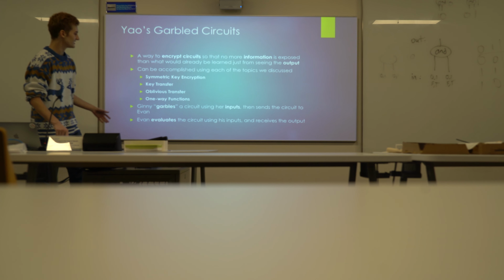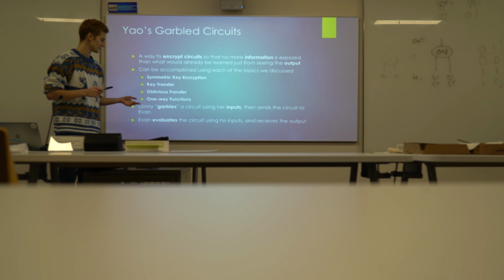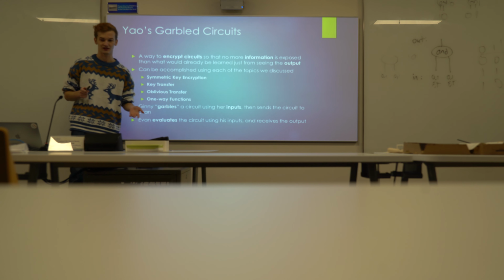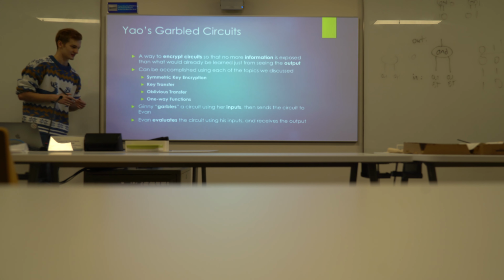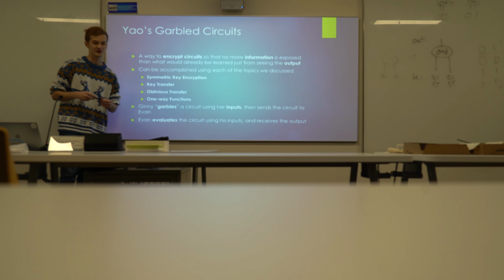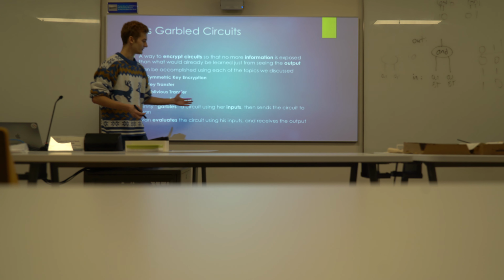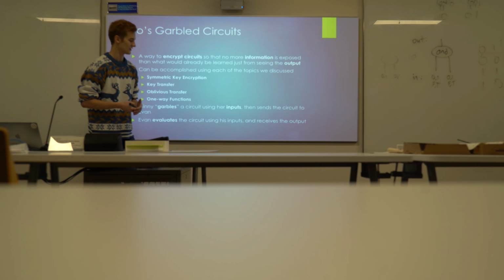Yeah, so the idea is that basically we have the 2 people again, Ginny and Evan. Ginny's job is to generate the circuit, or to garble the circuit, which basically means to encrypt it. So Ginny already knows what her inputs are going to be to the function.